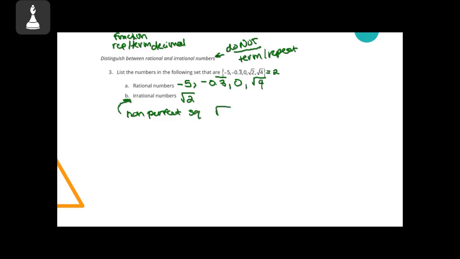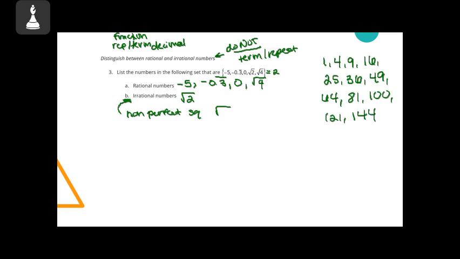Our perfect squares are 1, 4, 9, 16, 25, 36, 49, 64, 81, 100, 121, 144. So 2 squared, 3 squared, 4 squared, so on and so forth.